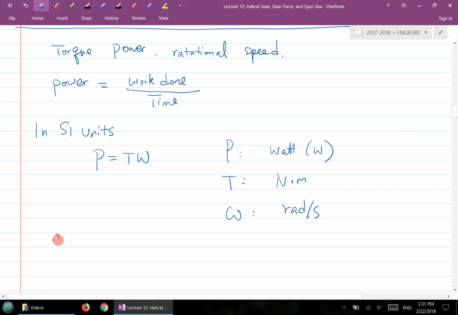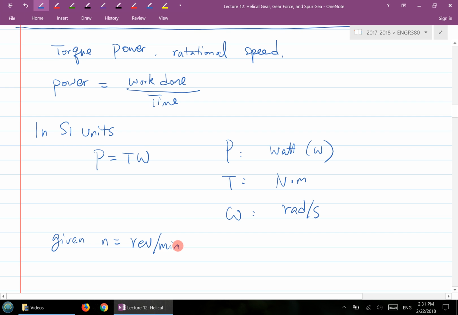Now, often what you're given is not radians per second. Often what you're given is revolutions per minute. That's very, very common, right? Your shaft speed is probably given in revolutions per minute.